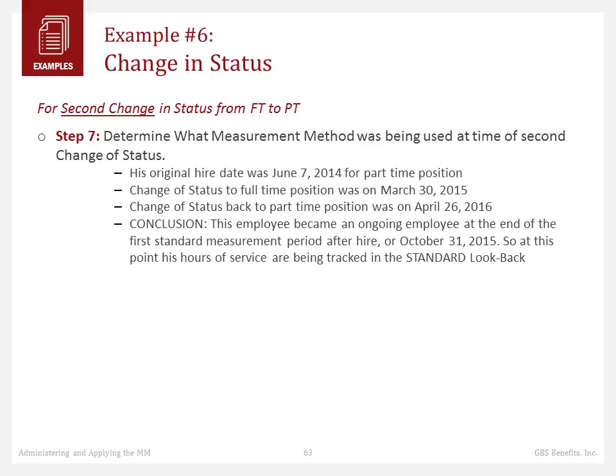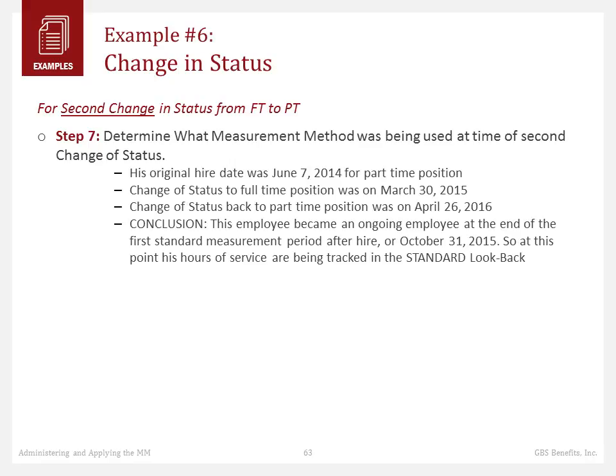Conclusion: this employee became an ongoing employee at the end of the first standard measurement period after hire, or on October 31st, 2015. So at this point, for the second change in status, his hours are being tracked in the standard. So he is considered an ongoing employee.